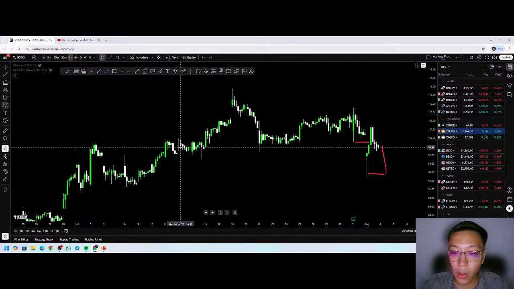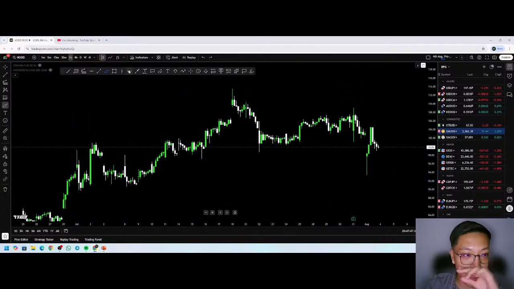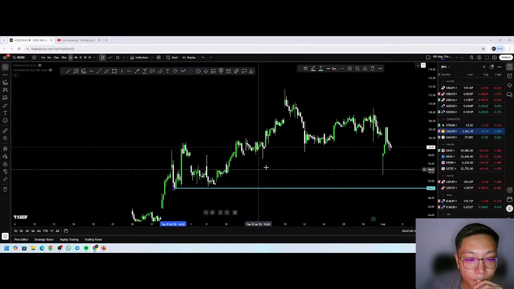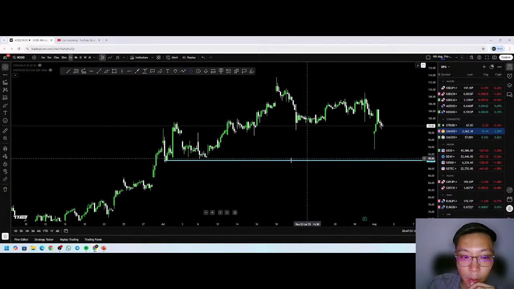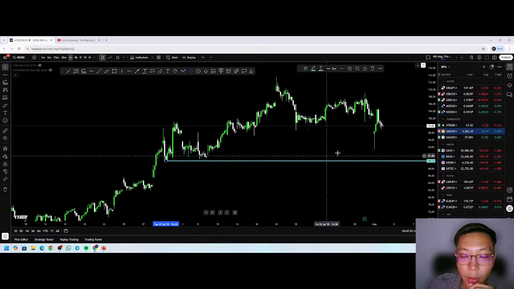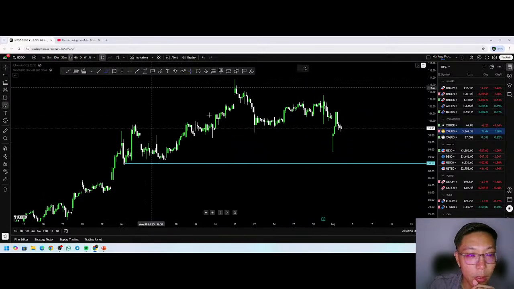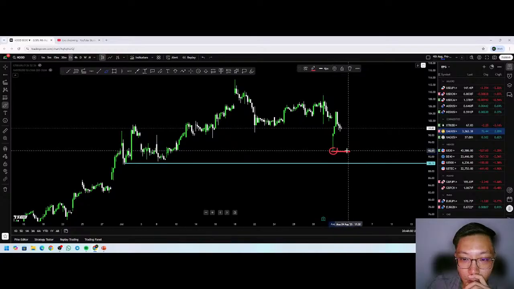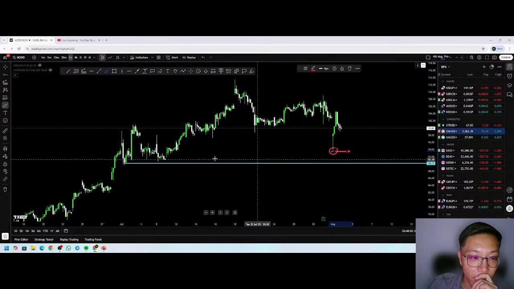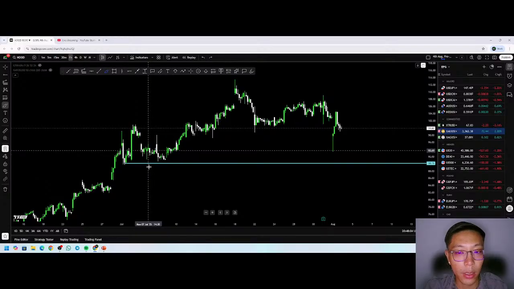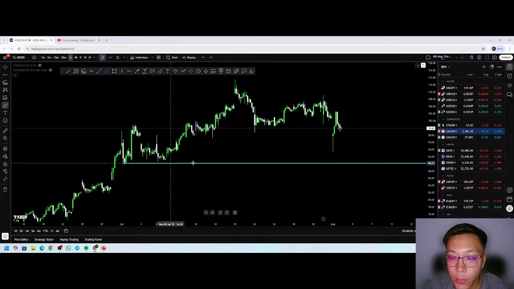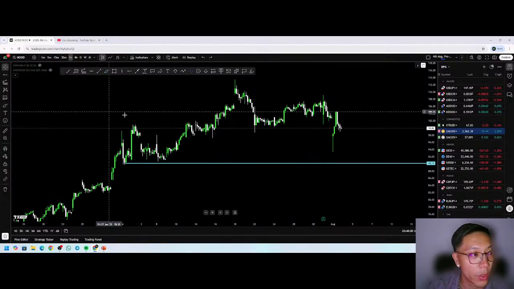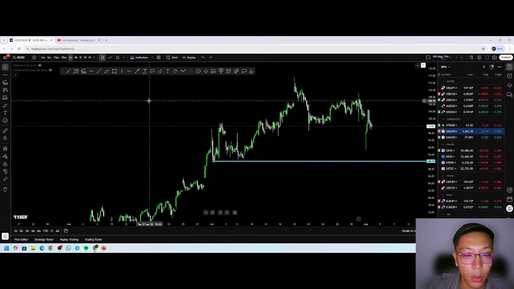Alright, then of course I would say this area is another area for price. Once price comes out and takes out all these buyers right here, the next level that you could look at is of course this next pivot point at $90 per share for Robinhood.